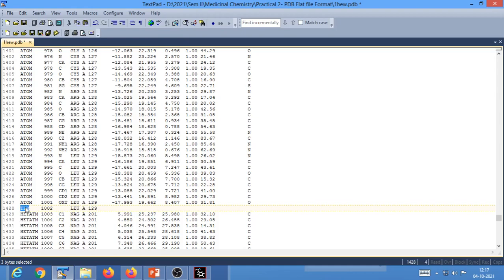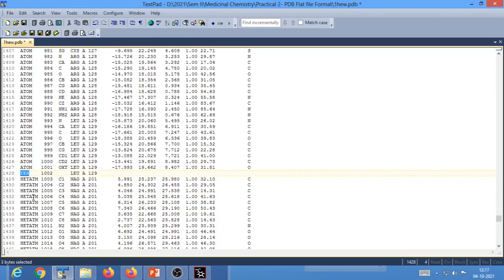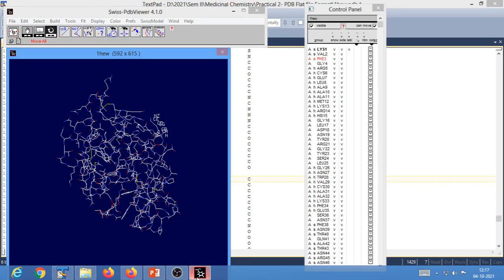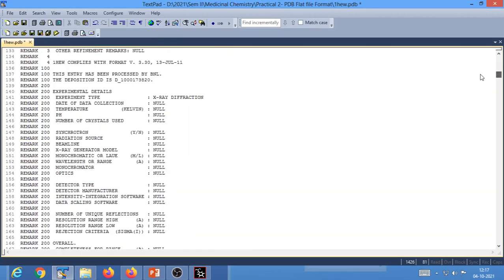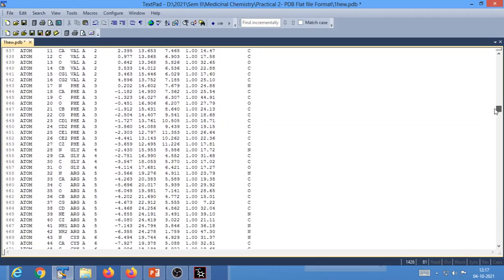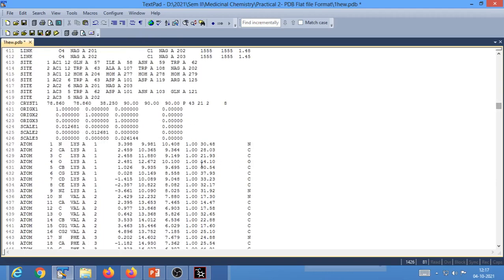This termination line indicates that this is the line where your protein information is finished, and the subsequent lines would be devoted to heteroatoms or non-protein components. In this way the structural information is provided in the form of the 3 coordinates for each and every atom that is present in your protein.